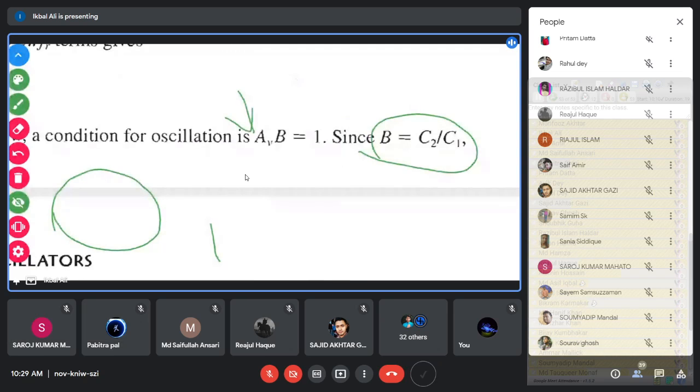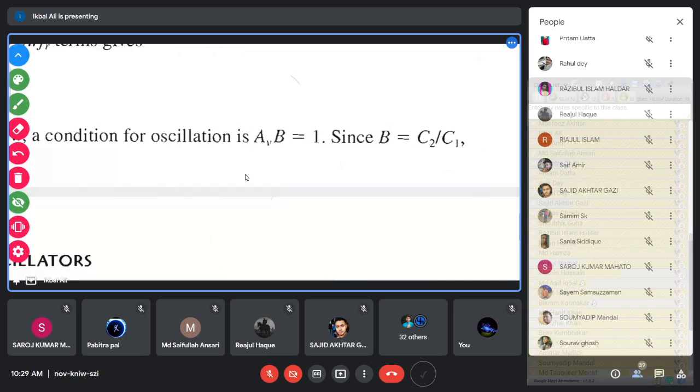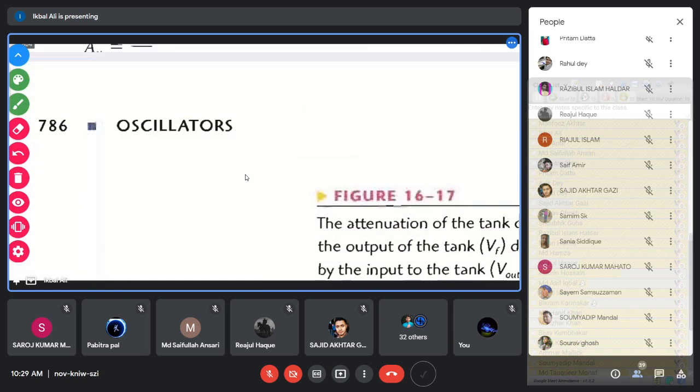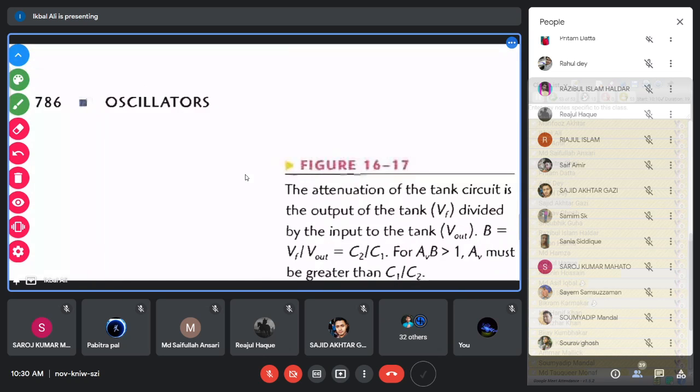From this, you can easily understand that this should be the value of A. That is how much the gain of the amplifier should be in case of sustained oscillation. To sustain the oscillation, the amplifier gain will be C1 by C2 after calculating beta equal to C2 by C1. So in this way, we can very easily calculate A and beta for the sustained oscillation condition.